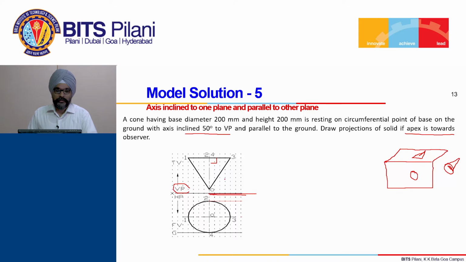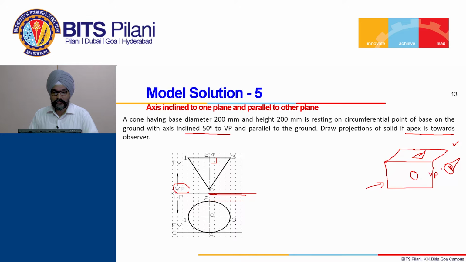In the top view, VP appears as XY line, and the angle with respect to XY line is the angle with respect to VP. In the initial position it is 90 degree, and the position that I have drawn is the opposite position, where you are viewing from this end, and we have this VP here.